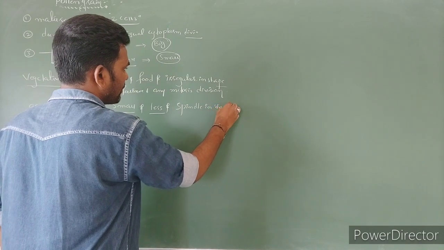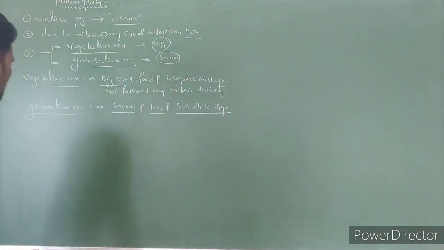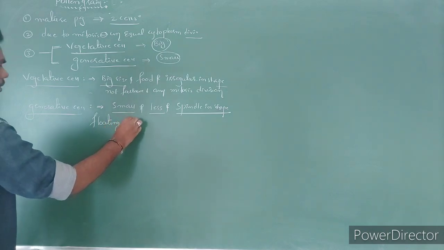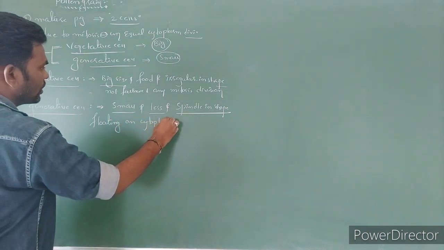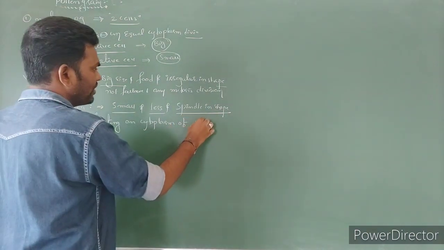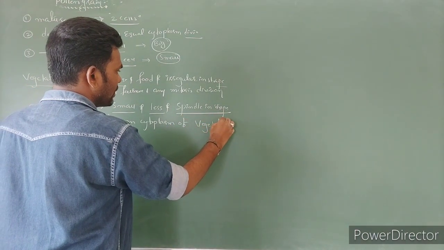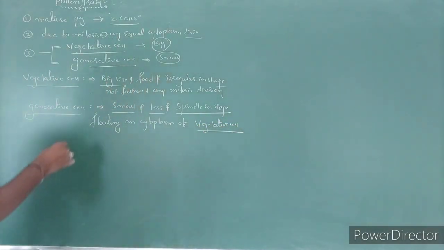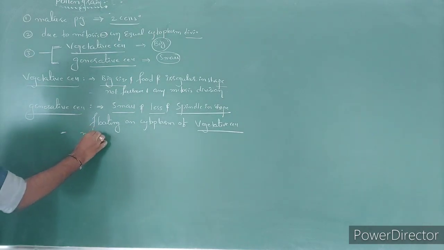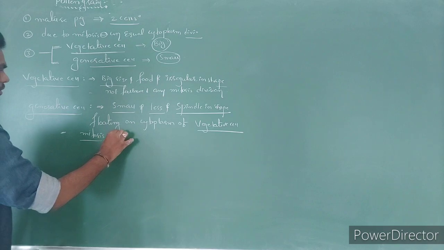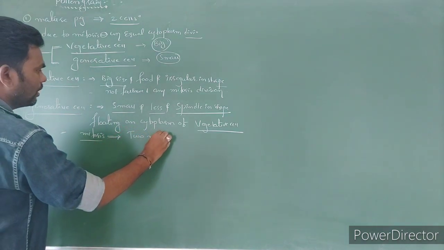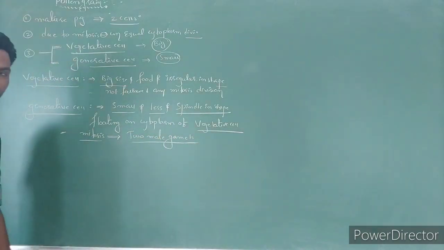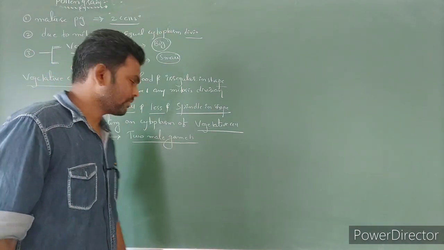This small cell is floating in the cytoplasm of the vegetative cell. And this generative cell is again followed by a mitosis division and produces two male gametes, right?